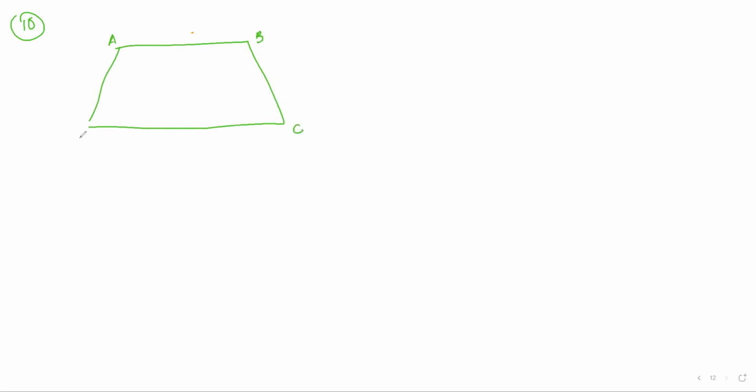Okay, ABCD, all right. So then there are diagonals here. Please draw it properly anyway. O. Now this time something is given. So the result is actually given this time. So AO upon BO is equal to CO upon DO, right? So the result of the previous question is now given. And you have to show ABCD is a trapezium.